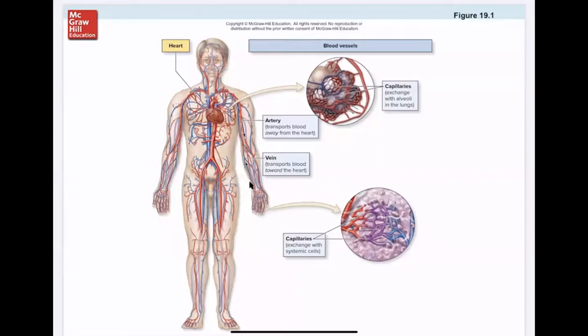The function of the cardiovascular system is to ensure that blood is circulating continuously throughout your body and to establish adequate perfusion. The word perfusion means delivery of blood to a tissue so that the tissue is healthy. So adequate perfusion means that it's sufficient.